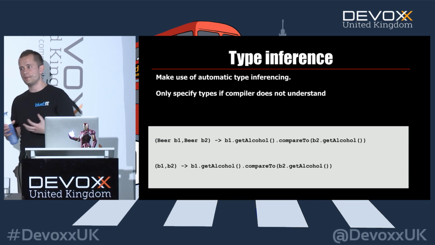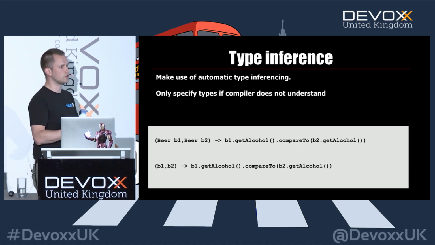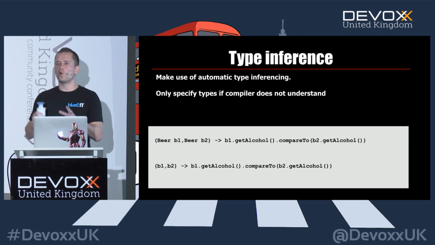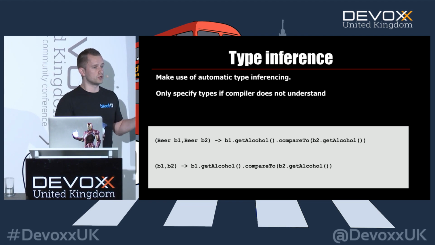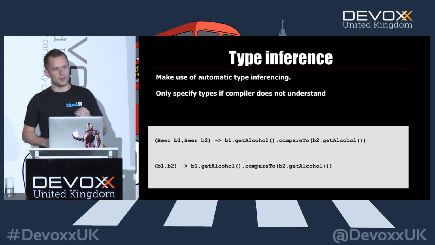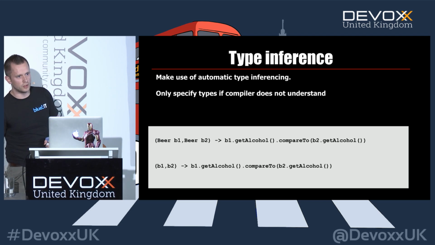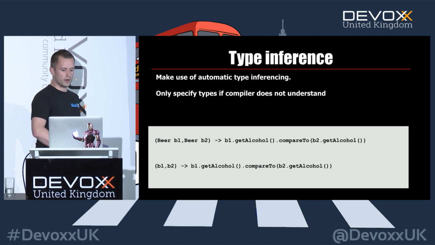You write a Lambda inside a context, say for a map function or a filter function or whatever higher order function. Most of the time, the compiler already knows what the type of the input parameters will be. Keep it that way. Don't make your function over-verbose by writing these types in it, because by doing so, you're making it verbose again, and that's what we want to try to get rid of, right?